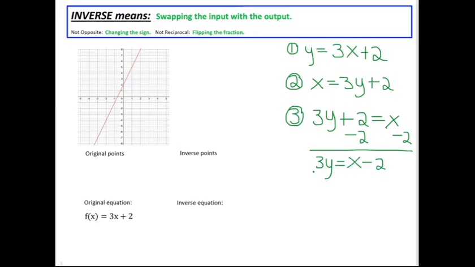The next thing that I need to do to isolate y is I need to divide by 3. And that's how I'm going to undo the multiplication that we see there. So I have y equals x minus 2 over 3.